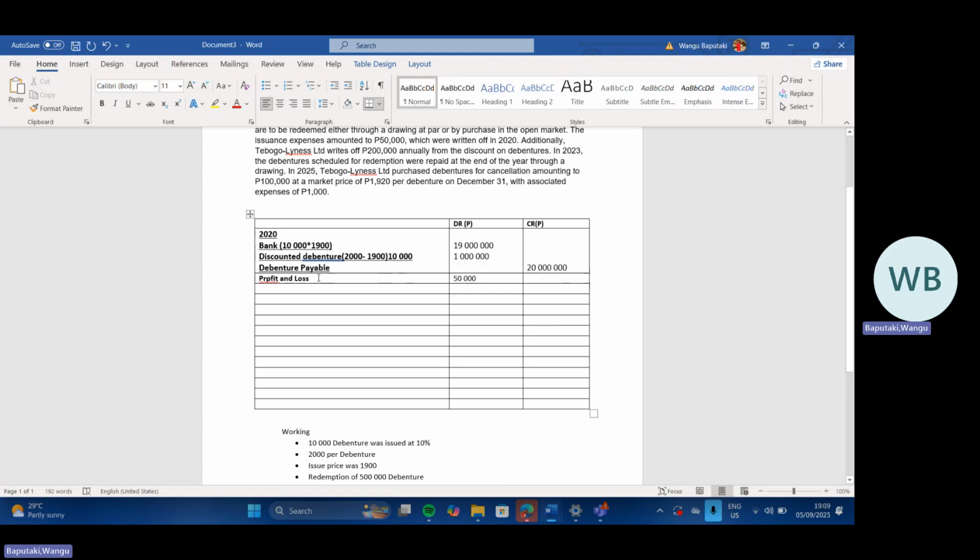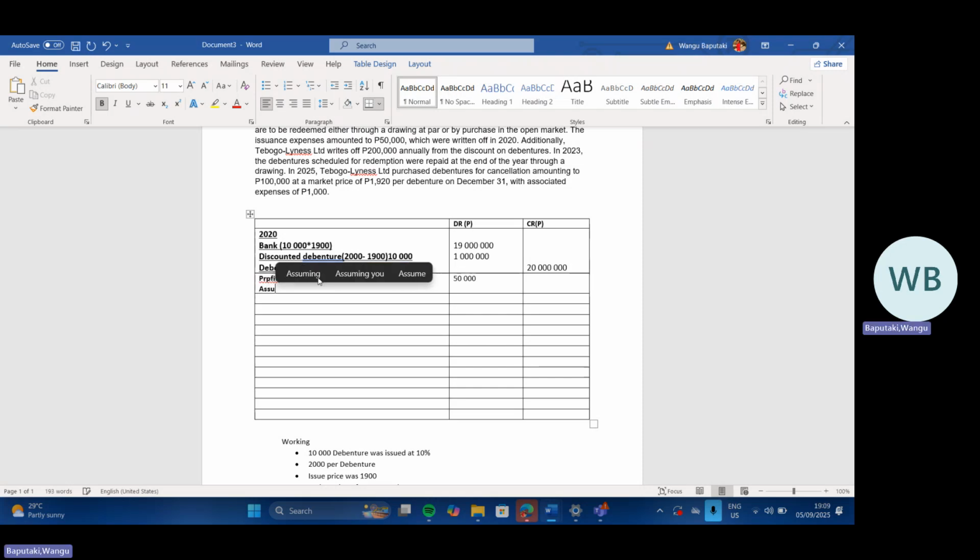Then I credit the issuance expenses 50,000.